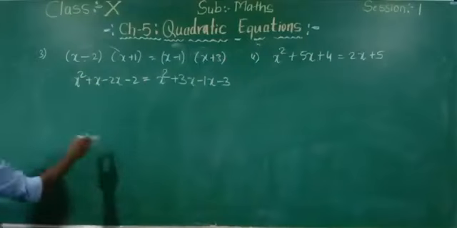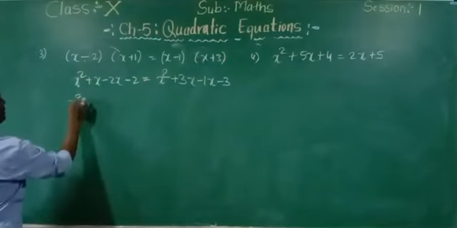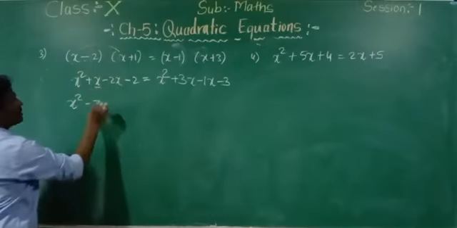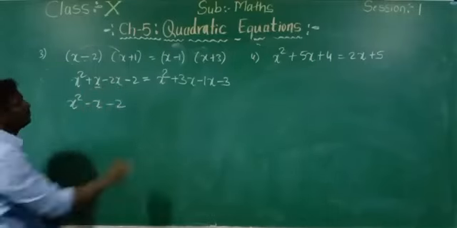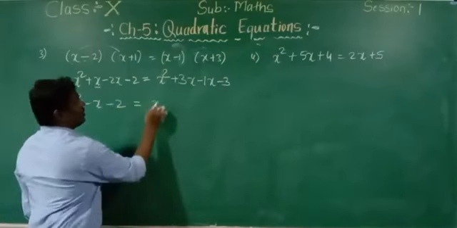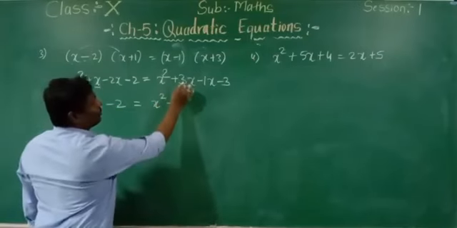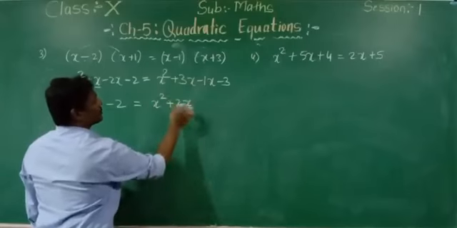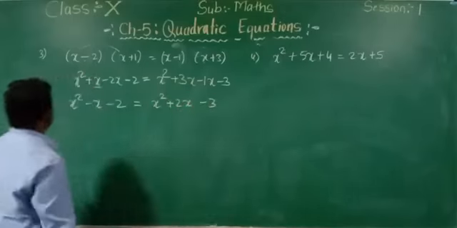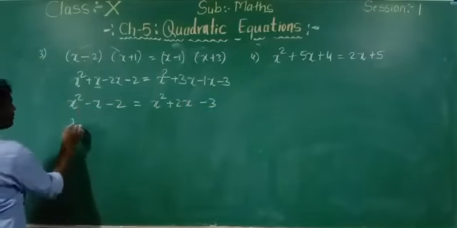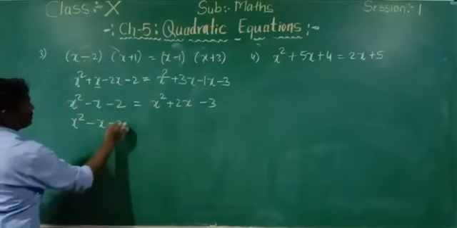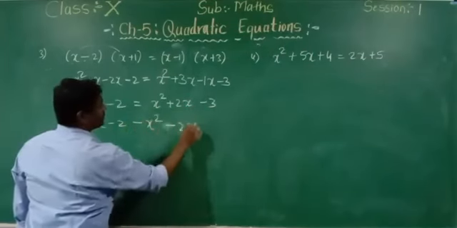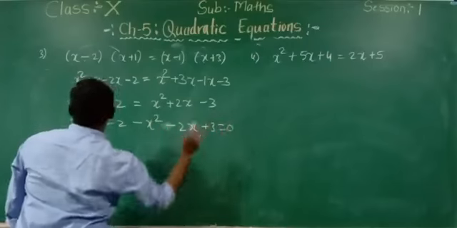Take all the terms to one side: x square minus x minus 2 minus x square minus 2x plus 3 is equal to 0.